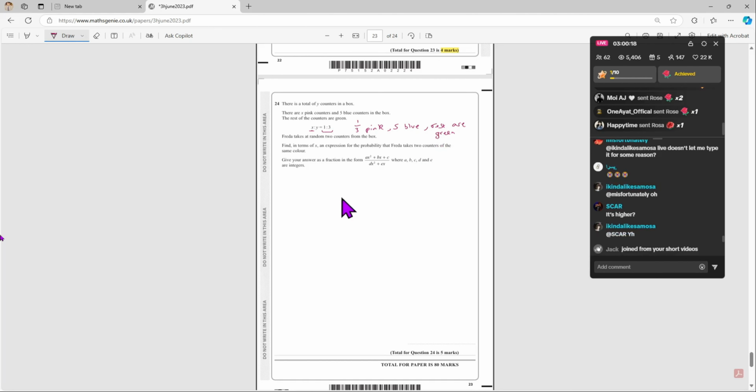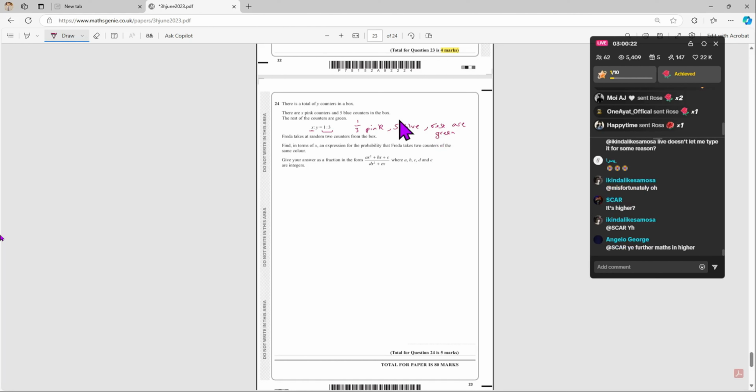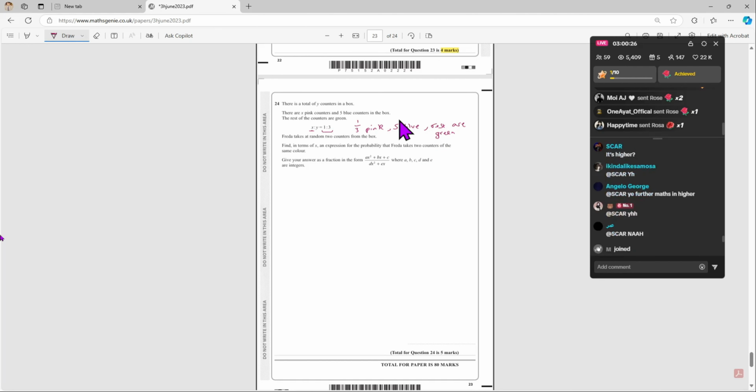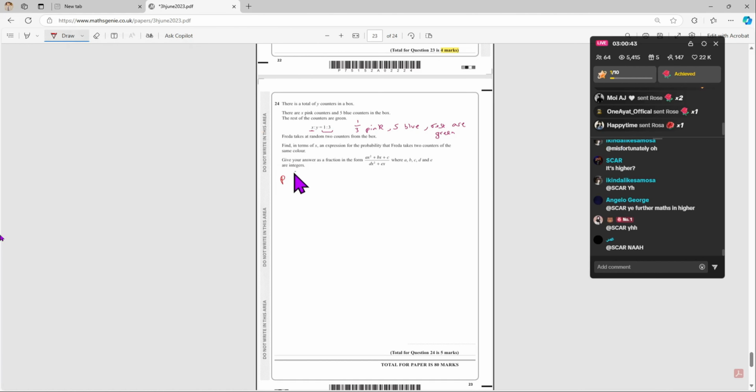Now, once you've done that, it says Freda takes 2 counters from the box. It asks to find, in terms of x, an expression for the probability that Freda takes 2 counters of the same color. So we have to work out the probability of 2 pink counters.